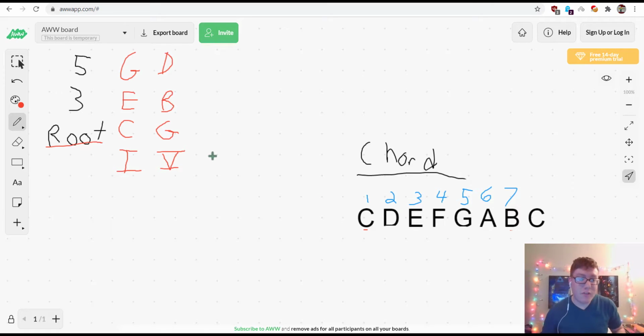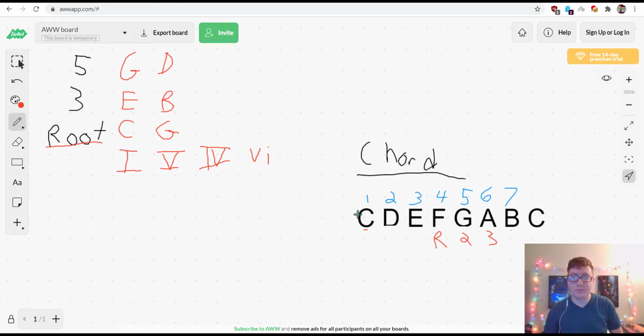So, that's our first part of our progression, a 1 to a 5. We are then going to jump down to a 4, and we're going to end it with a 6. So, that 4 means we start on the 4th note of our scale. So F is our root.